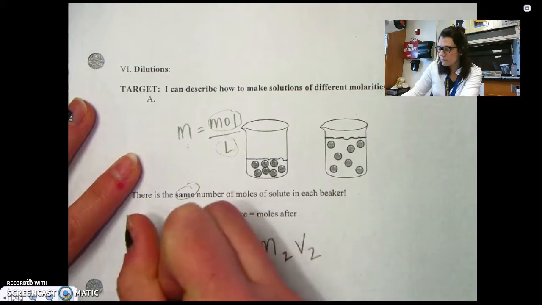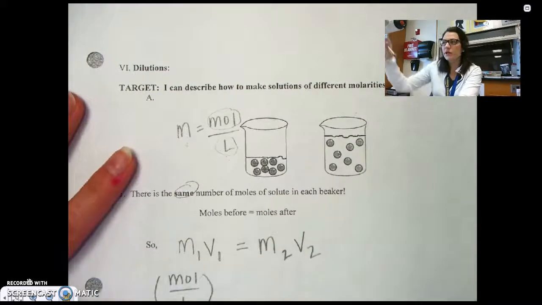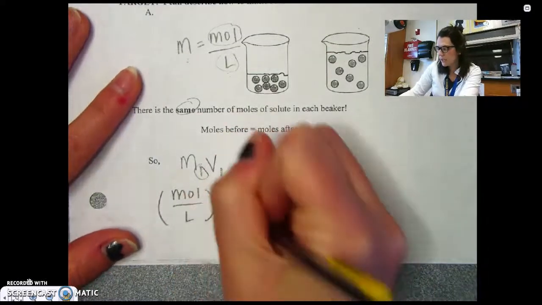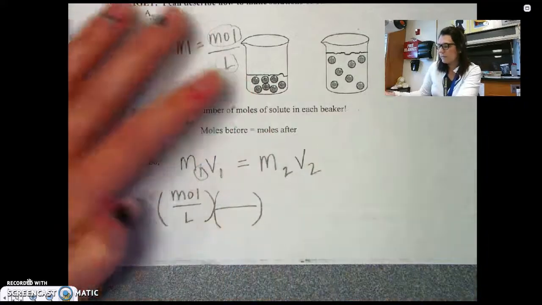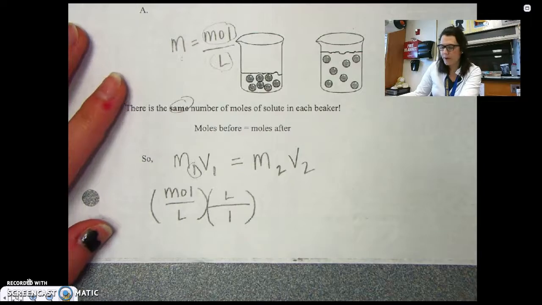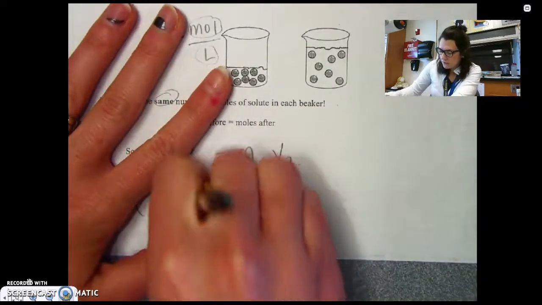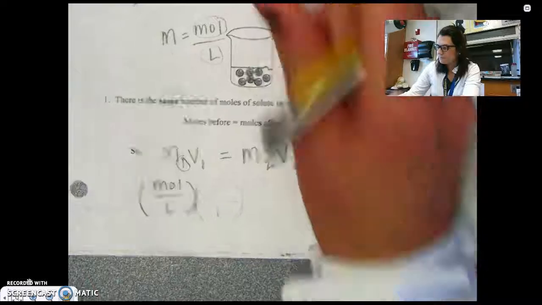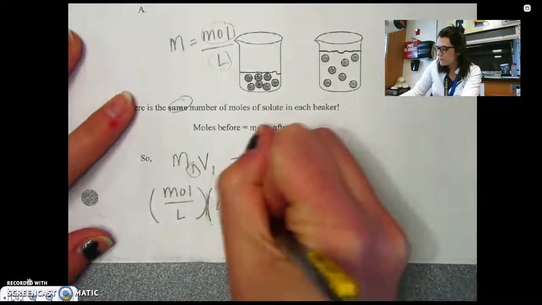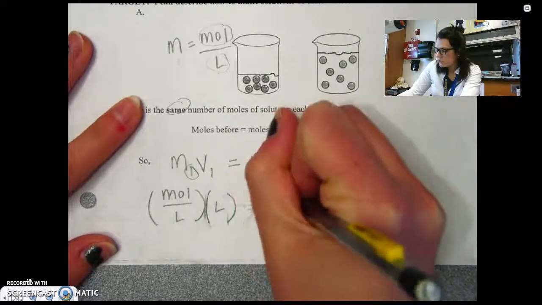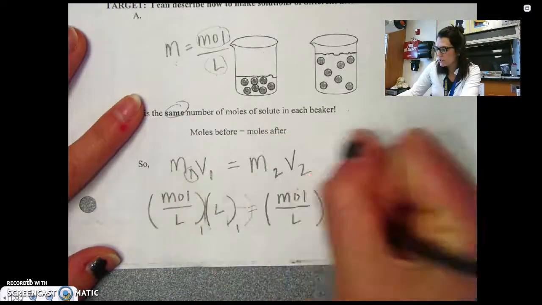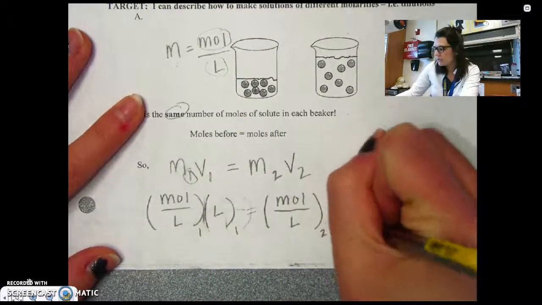So if I have an initial molarity in my first beaker, and I multiply it by the liters of my first one, that is going to be equal to the moles over liters of my second one times the liters of my second one.